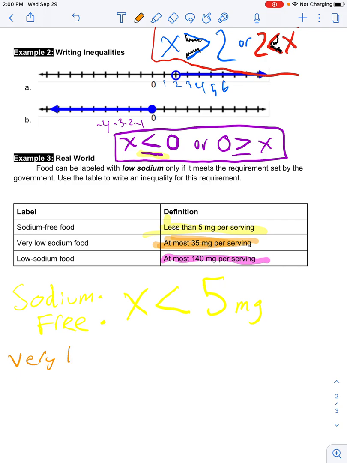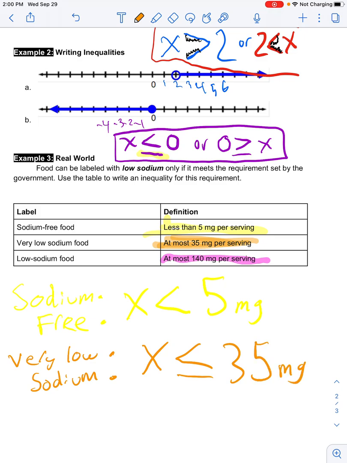It's very low sodium if, and again, it's going to be at most 35. It can be 35. So X would be less than or equal to 35 milligrams. At most tells us, hey, 35 is fine. It's okay if it's 35.